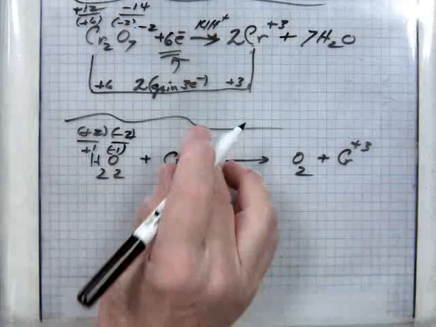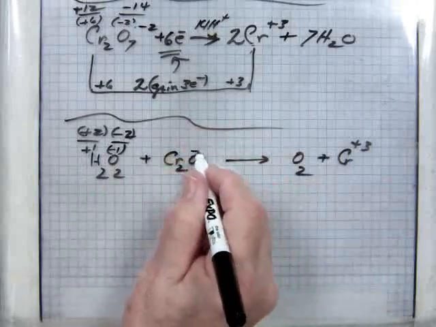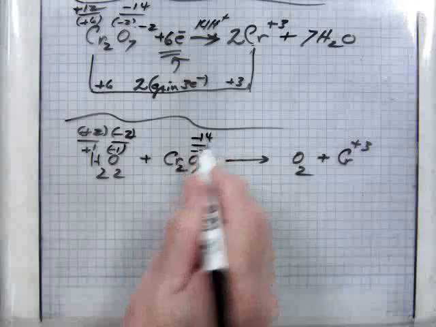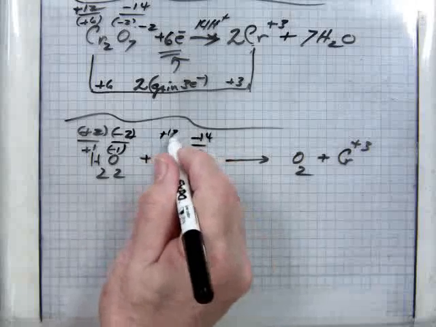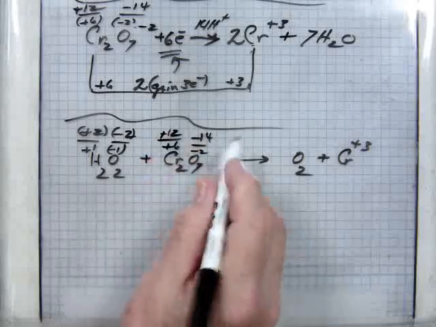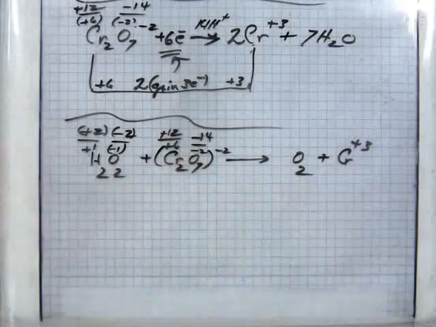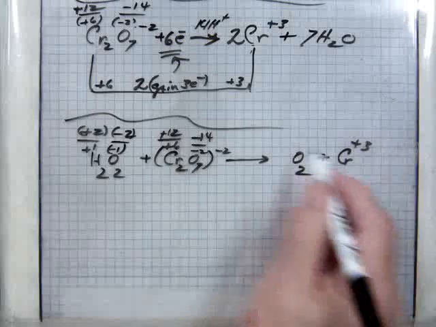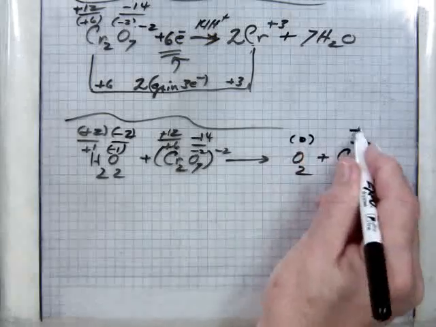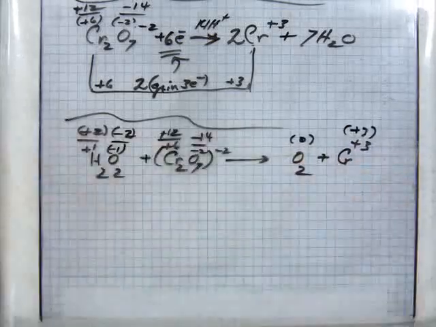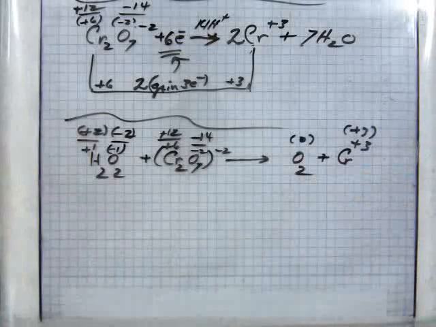And this one again is -2, -14, +12, +6, and the net is -2. I'll just do that to show that. And oxygen 0, and chrome is the +3, like that. Everybody good so far?